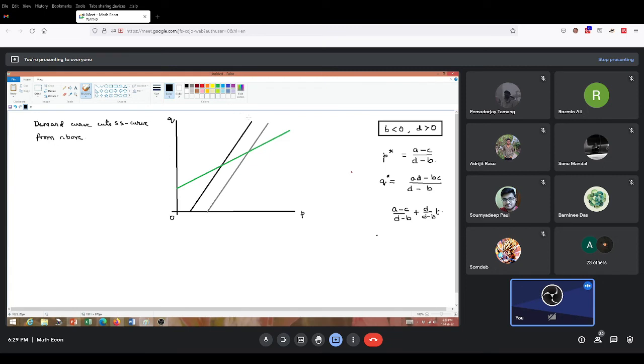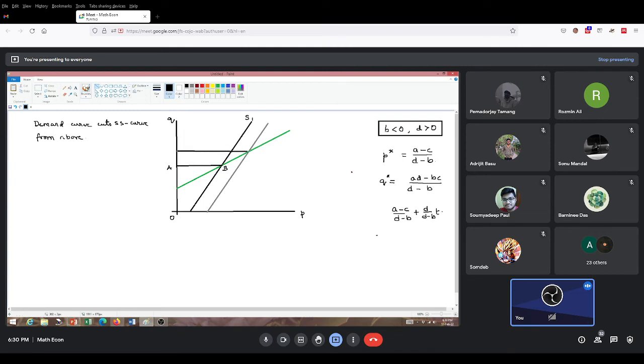Let me see, this was S1. So you are paying a price of this. This is the original equilibrium, right? Let's label this as AB. Now what happens? This is the equilibrium.